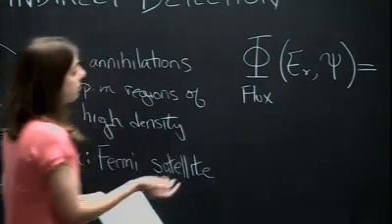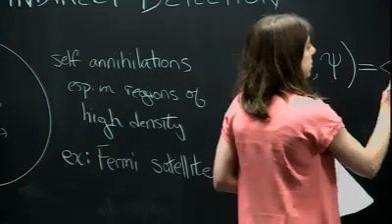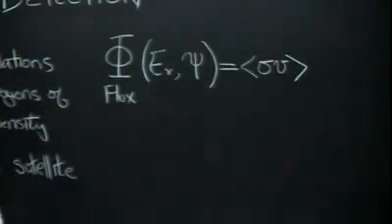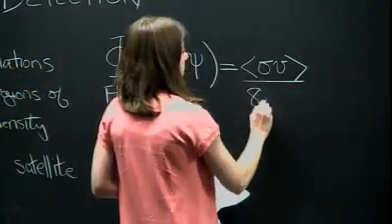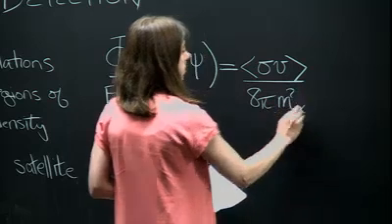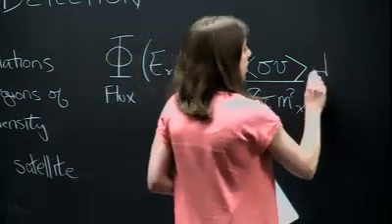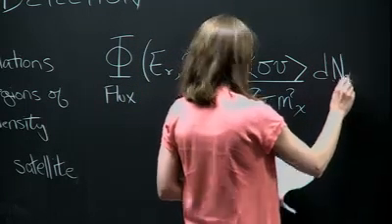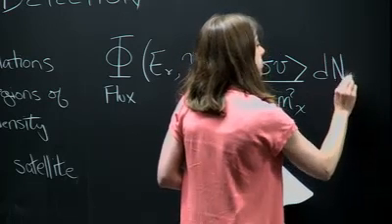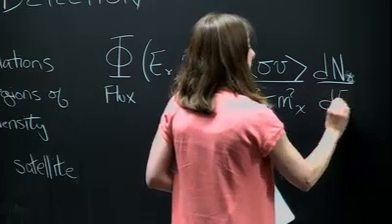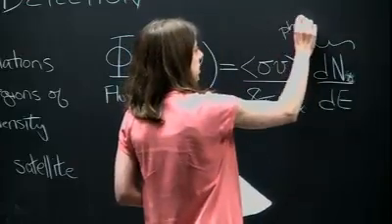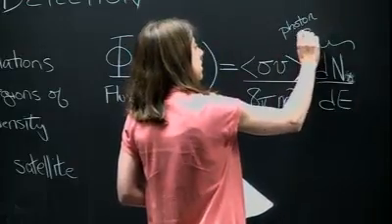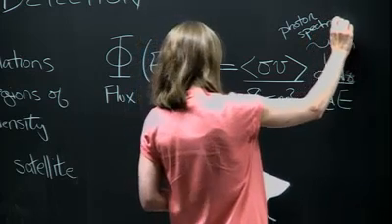So this flux is just related to the velocity averaged annihilation cross-section. There's just some factors here in the denominator. It gets multiplied here by a photon spectrum, which I'm going to describe in a second in some more detail.